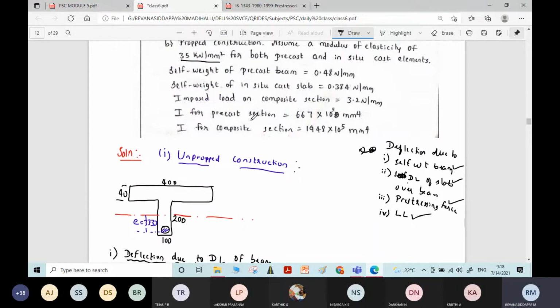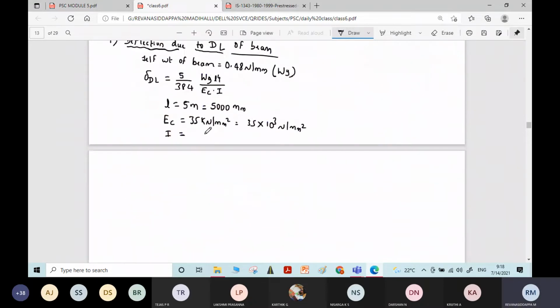Here it is not said as beam; he said precast section. Precast section means it is understood that it is a beam. Therefore it is 667 into 10 power 5 mm4.